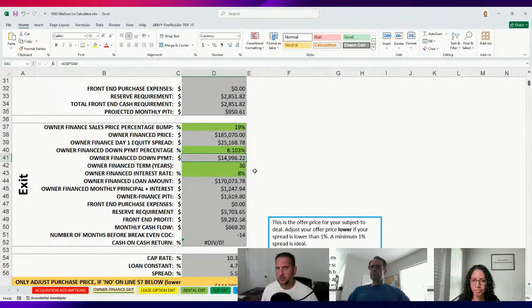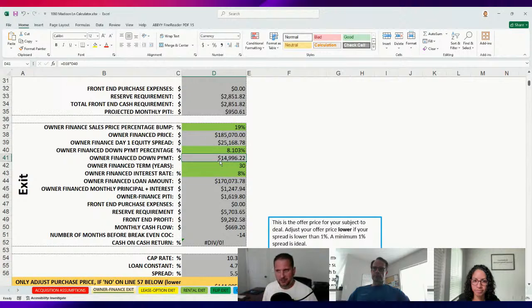However, since we are seller financing this property, we're going to take a down payment from our buyer. All right. 9 times out of 10, that down payment we receive is far more than any wholesale fee that we pay, generally speaking. And so this $14,000 that we received from a down payment provides us cash up front, a decent little chunk up front, right? And it helps offset the cost of that deal that we paid for from the wholesaler.